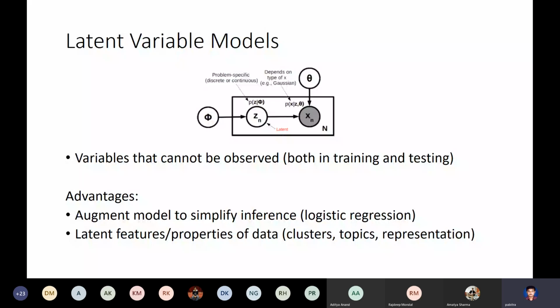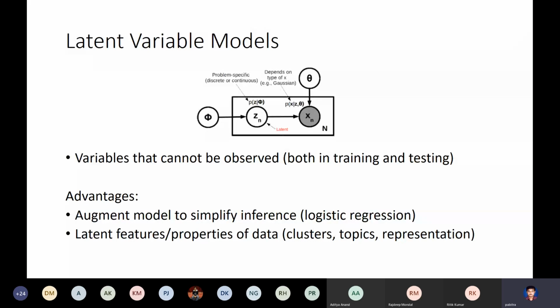You all now work with embeddings. An embedding is a low dimensional representation of a data point. So all these are latent features. They are not directly observed, but they are more useful than the directly observed features. So this is another motivation for which latent variable analysis is performed.